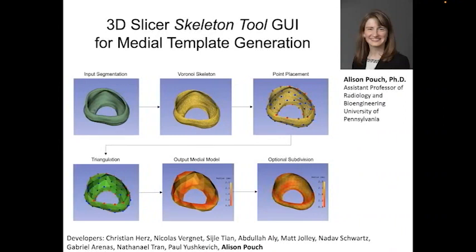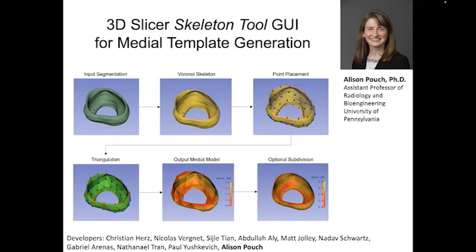The way you do this is you input some characteristic model, or maybe a template that you've built from a bunch of binary segmentations, using diffeomorphic techniques. You skeletonize this model, and then you go in and place points on the model. These are your medial points, and then you organize them into triangles, and this gives you some control over the quality of the triangles.